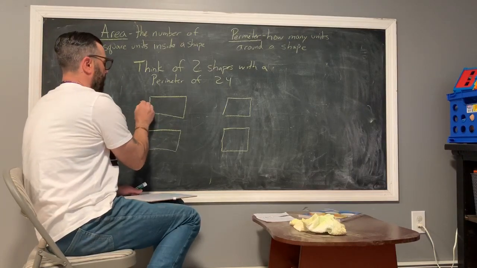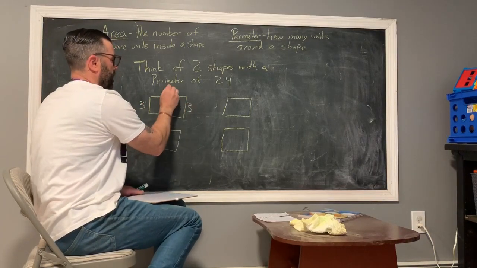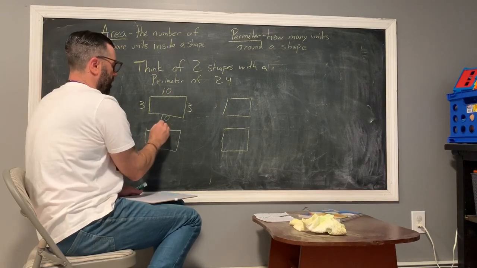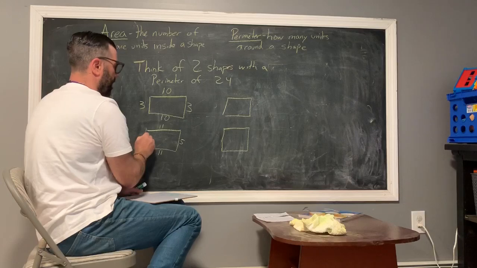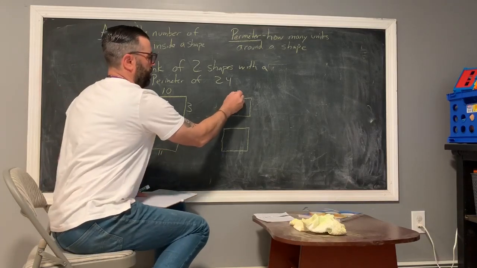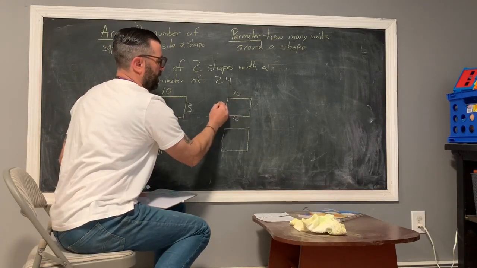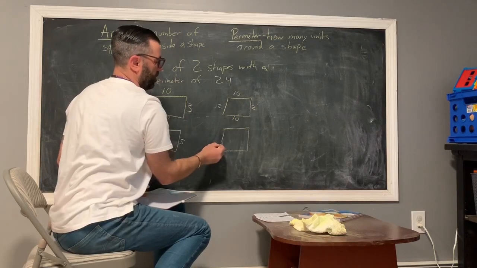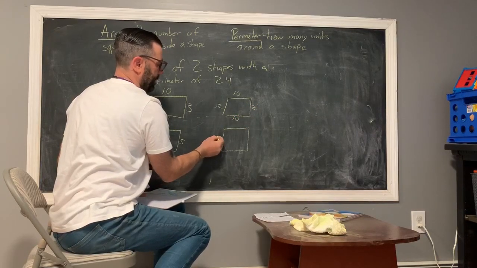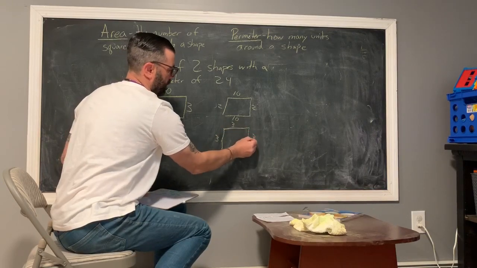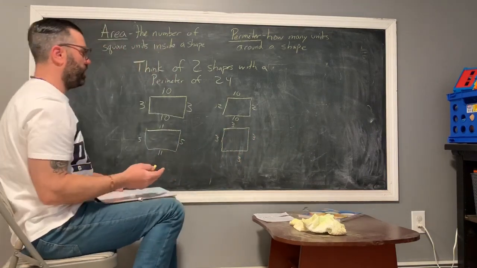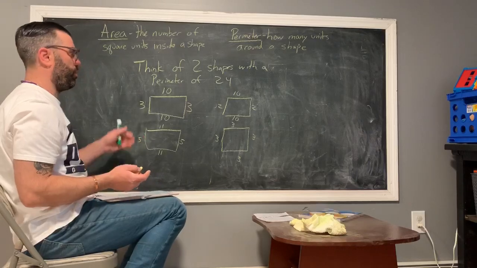So let's just say I had a 3, a 3, a 10, a 10, an 11, an 11, a 5, and a 5, a 10, a 10, a 2, and a 2, and a 3, 3, 3, 3. So then I'd have to say which one is also one with a perimeter of 24.